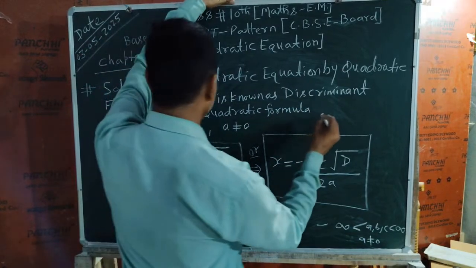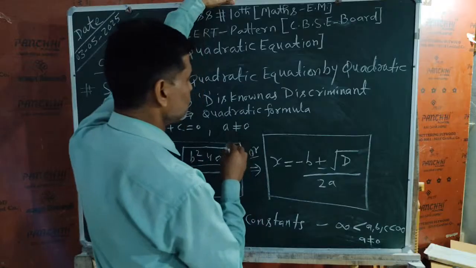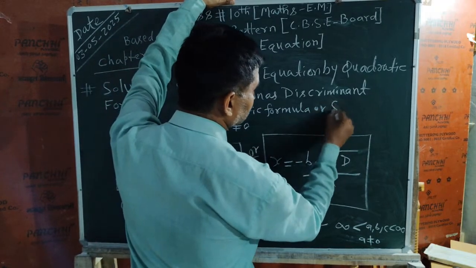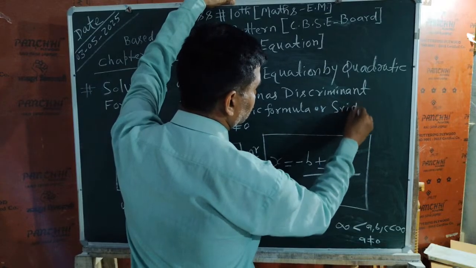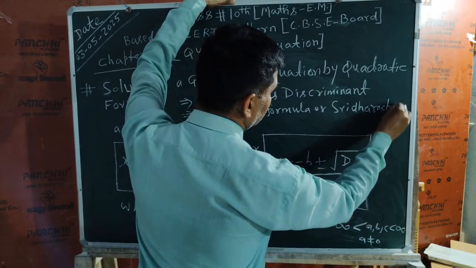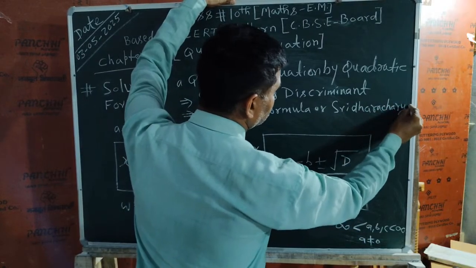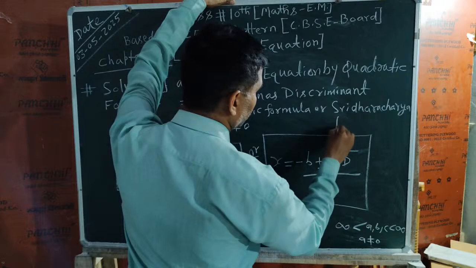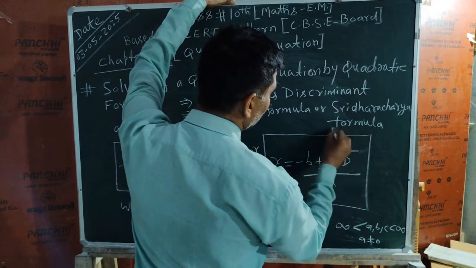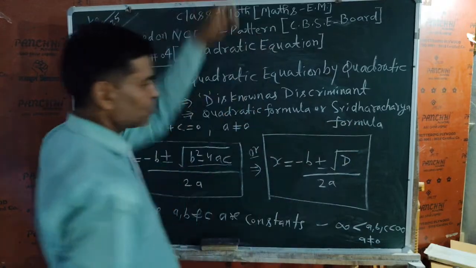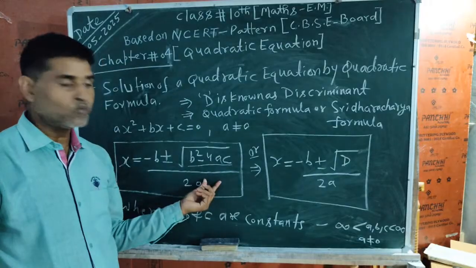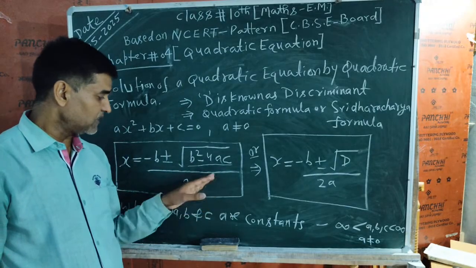This formula is known as the quadratic formula, or the Sridharacharya formula. So each and every student has to note it, and after noting it, keep this formula in your mind.